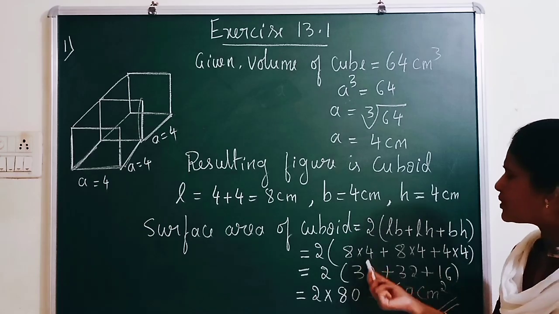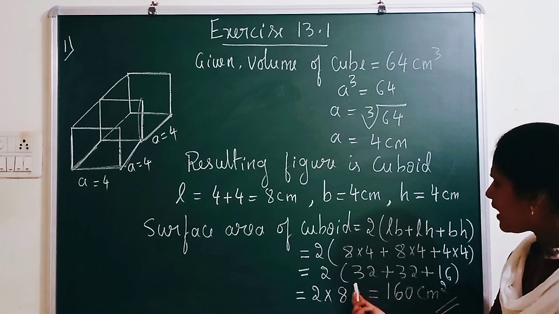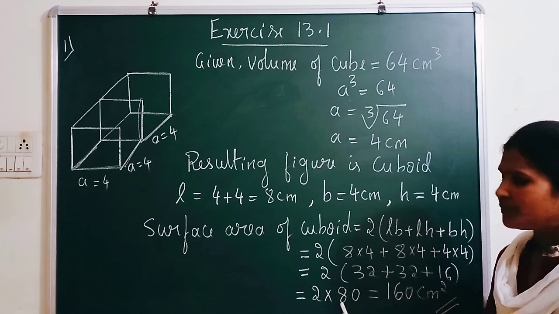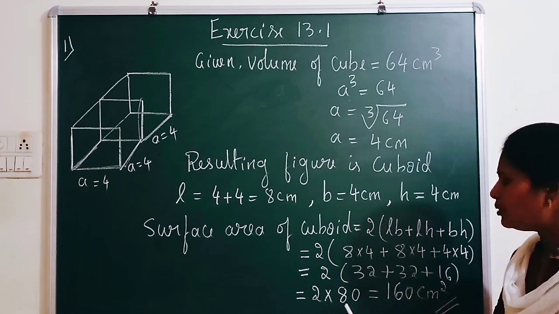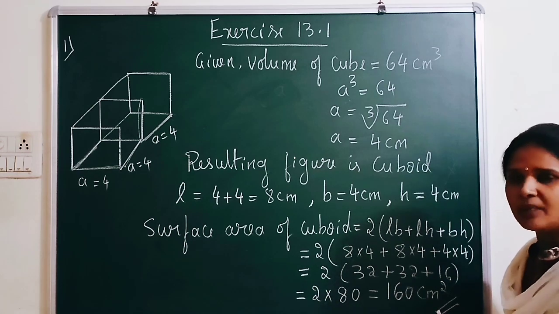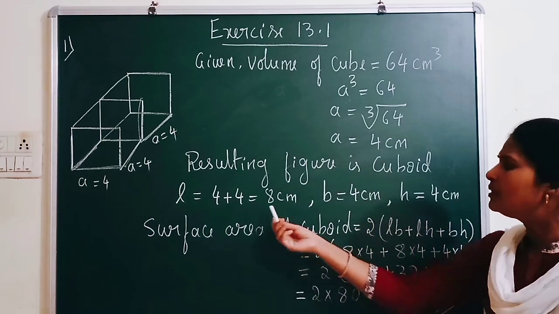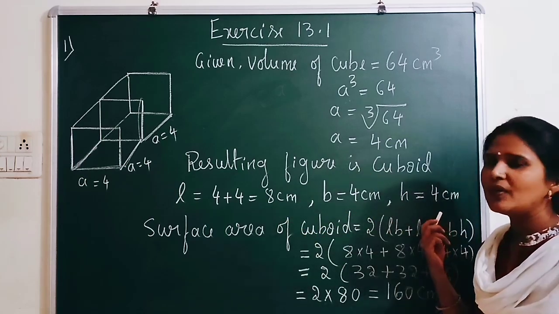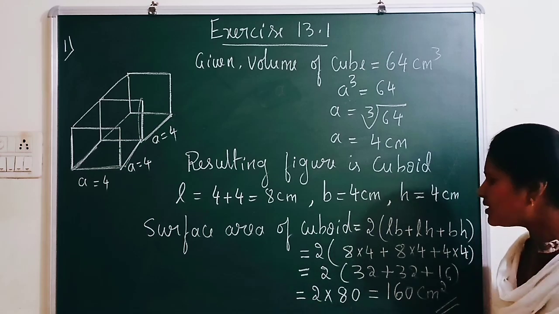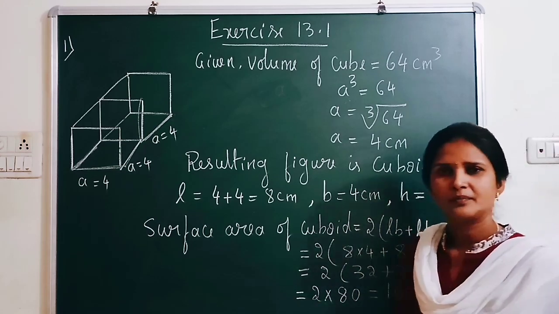So multiply: 8 4s are 32, 8 4s are 32, 4 4s are 16. Add all this, we get 80. 2 into 80 is 160 centimeter square. So in this way, with the help of the edge of a cube, we found the length, breadth and height of a cuboid, and then we got the surface area of the cuboid as 160 centimeter square.